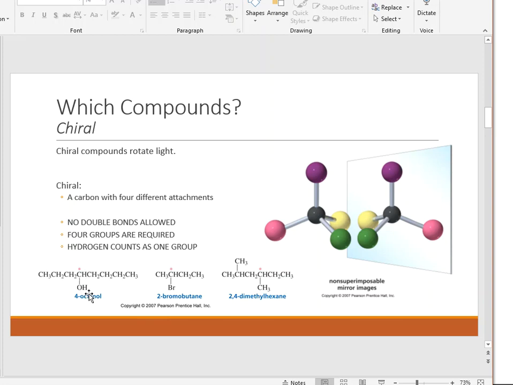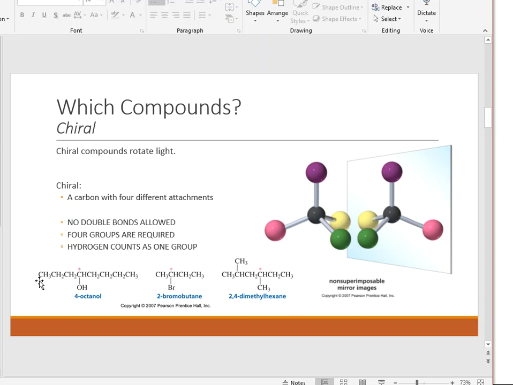So there's your 2nd group. You take the whole thing or nothing at all. And then your 3rd group will be the hydrogen that's on that carbon, and your 4th group would be the 2nd hydrogen on that carbon. So because of that, those 2 hydrogens are the same, and you do not have 4 different groups, and therefore that carbon would not be chiral.